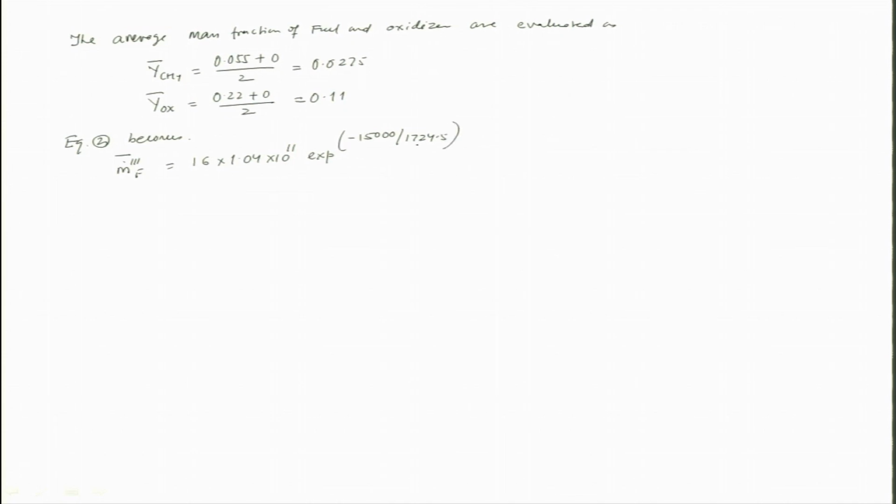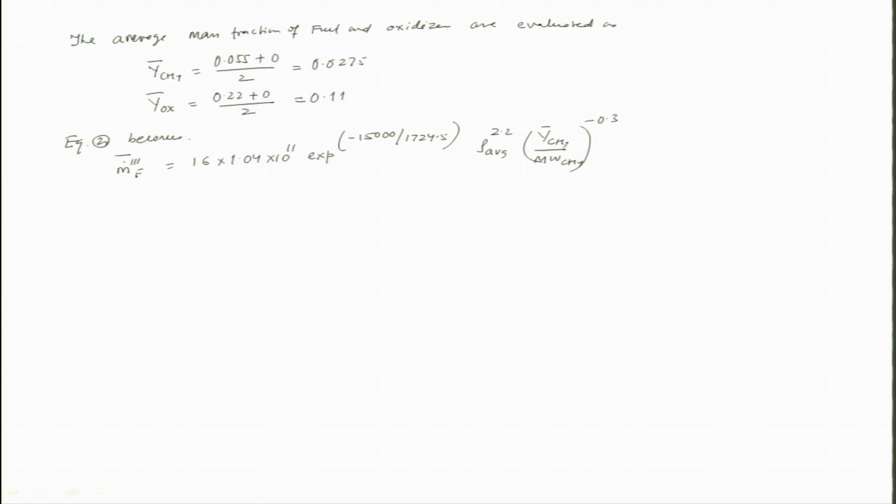I am substituting these values in equation 2, and it will be rho average into 2.2, Y CH4 average by molecular weight of CH4, minus 0.3.